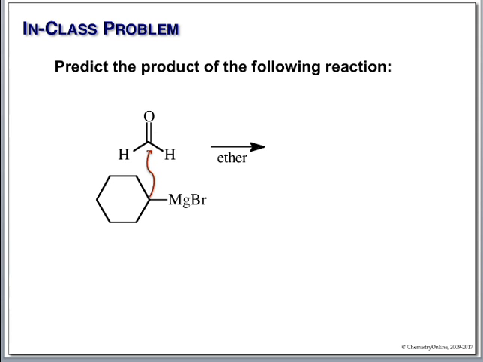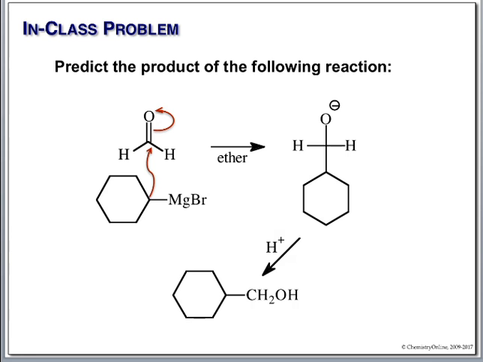When it does that, we will get this addition intermediate. And when you're done, you take this whole mush and you dump it into dilute acid. When you do that, you wind up with the corresponding alcohol. Formaldehyde plus a Grignard, primary alcohol. Any question?